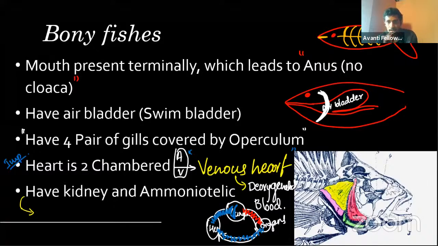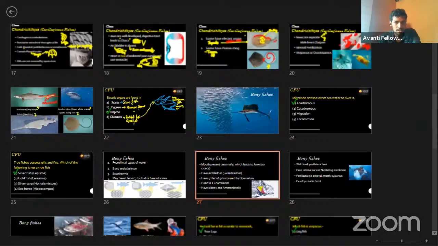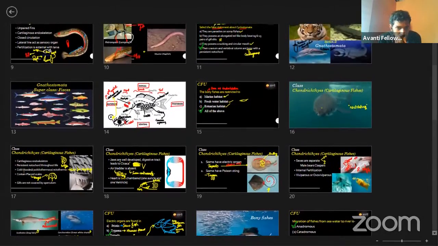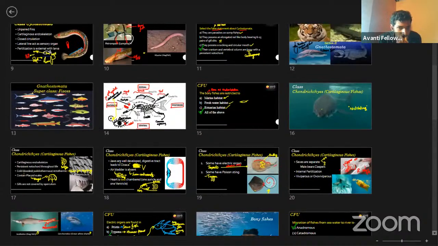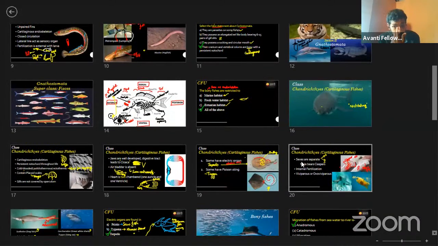What excretion will be there in cartilaginous fish? Did we mention or not? Probably not mentioned, right? Yeah, not mentioned.